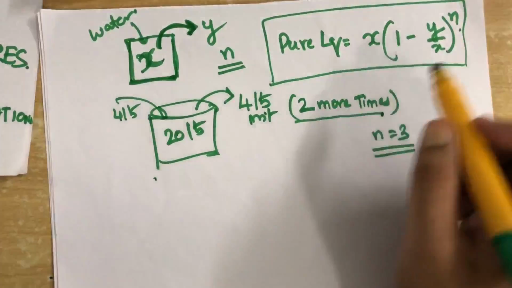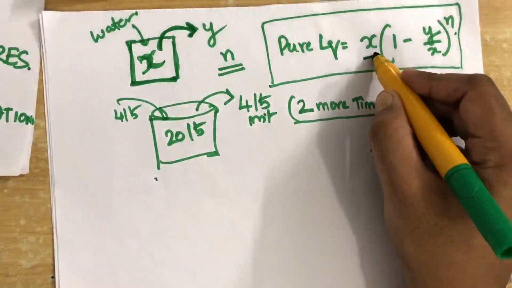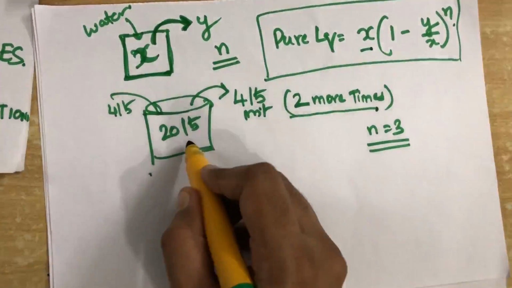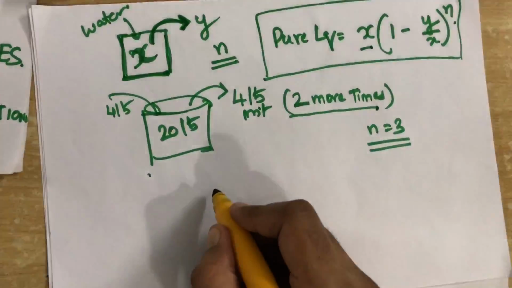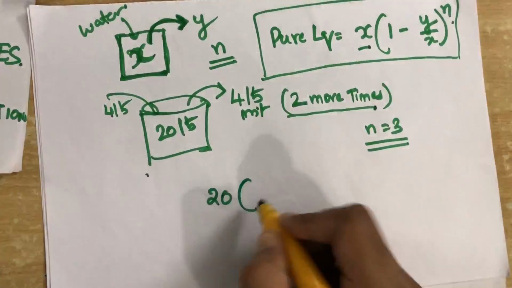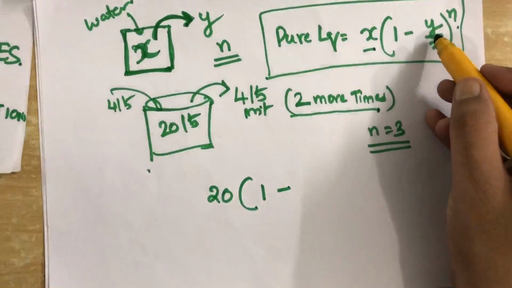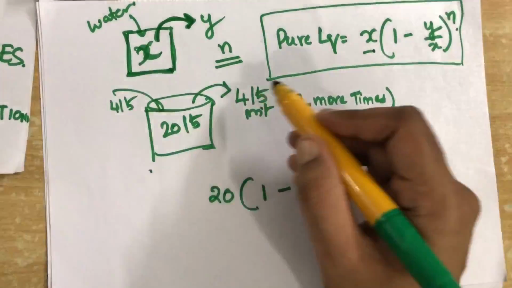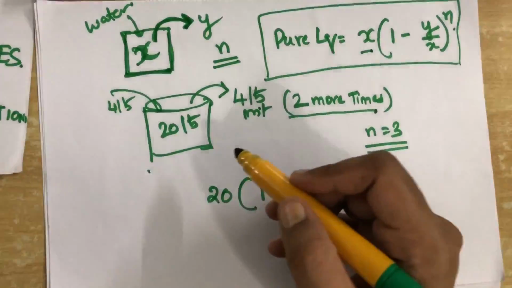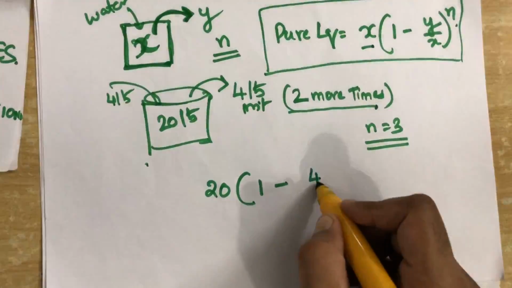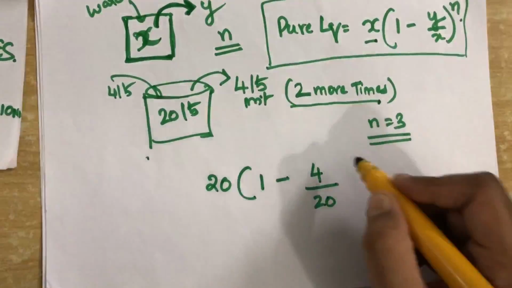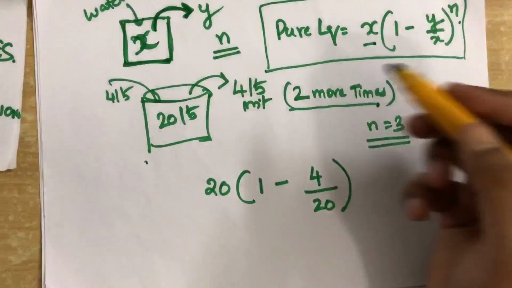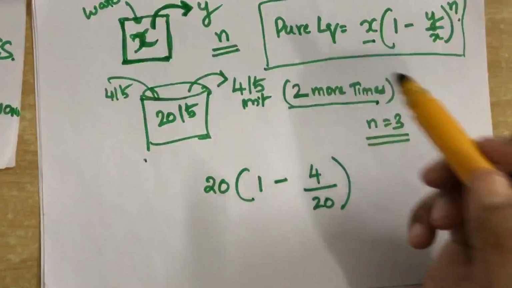So we have the formula for that. What is X? X is the initial quantity of the pure liquid. So 20 into (1 minus Y by X), where Y is the amount of liquid drawn out and replaced. So Y would be 4 and X is again 20, which is your initial quantity.